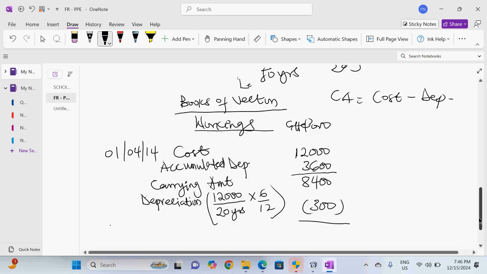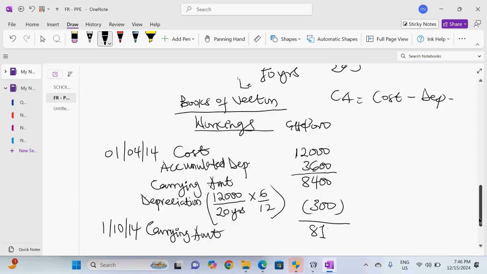That would be the carrying amount as at 1st October 2014, when the revaluation happened. So the carrying amount would be 8,100.